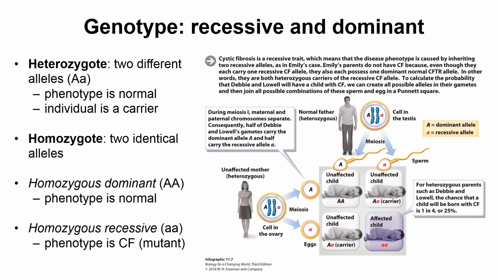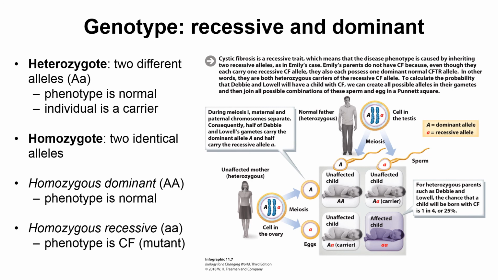These individuals are going to be phenotypically normal, and they would only pass the dominant allele to their offspring. You can also have homozygous recessive. In the case of cystic fibrosis, those are the individuals that actually have cystic fibrosis because they have 2 copies of the recessive allele.